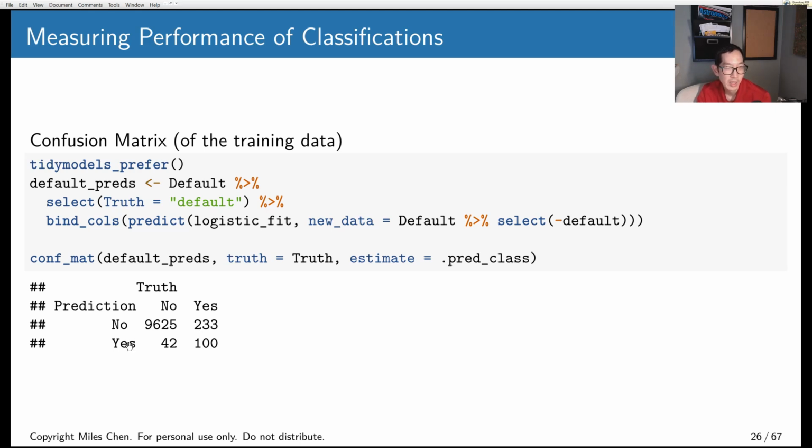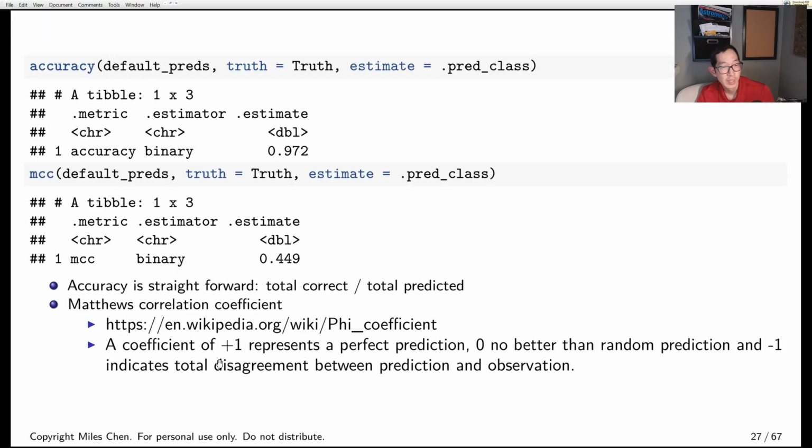And when we predicted that yes, they would default, 42 of those people did not default, and 100 of them did default as we predicted. So this is our result.